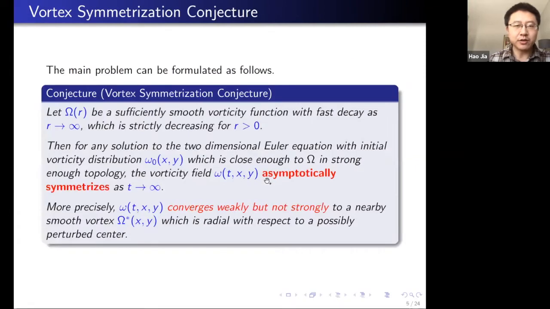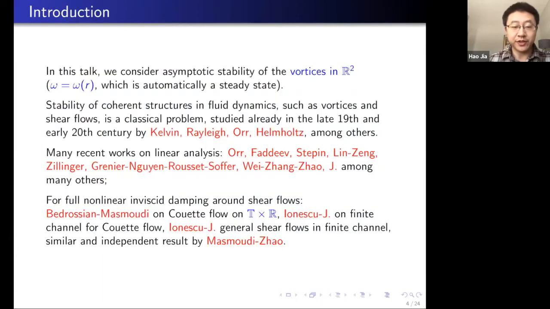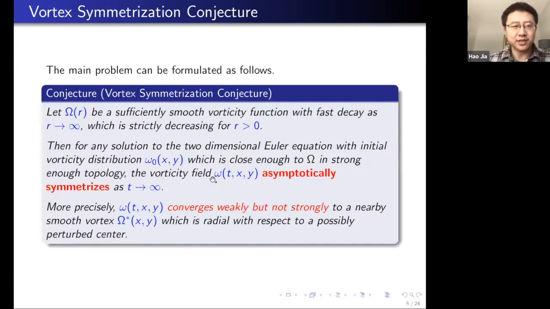So today we're going to talk about the asymptotic stability problem for vortices. This is a more natural problem from the physical point of view, because here, for instance, the domain has to be T times R. So in the x direction, we have to assume it's periodic, which is a small condition that is not completely desirable.